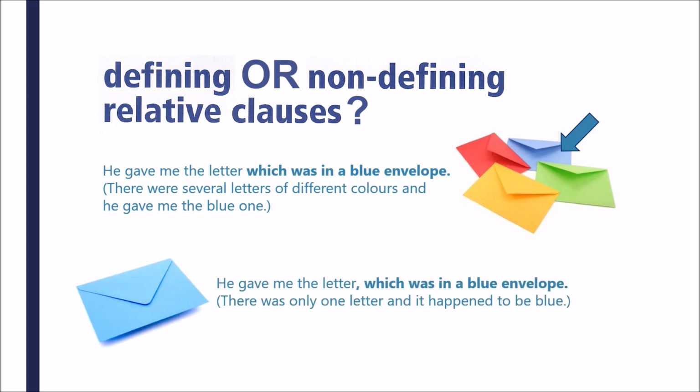However, consider this. In this second example, we are still referring to the letter, but with other information, perhaps in a paragraph, or you are really in the situation that you know that is the only letter there. There is no need to define anymore, so you can use a non-defining relative clause.